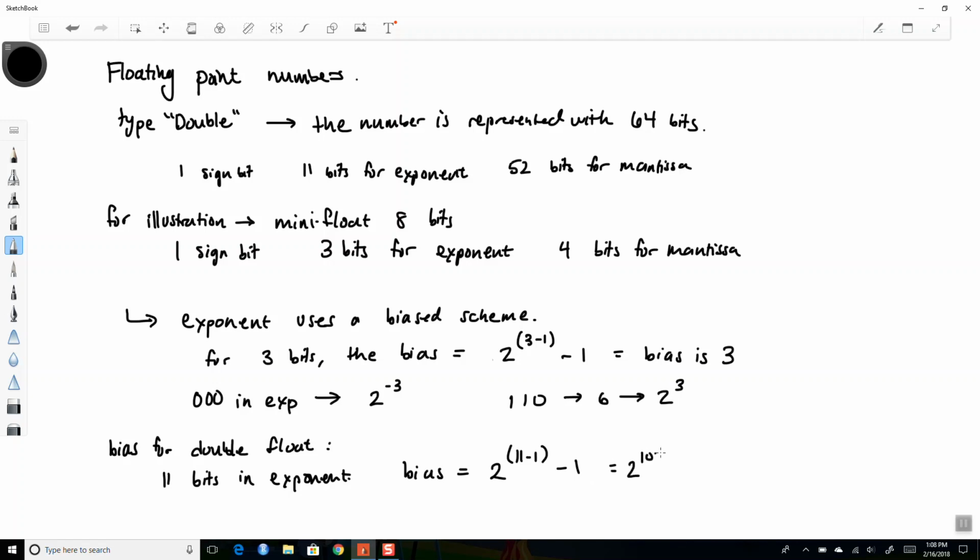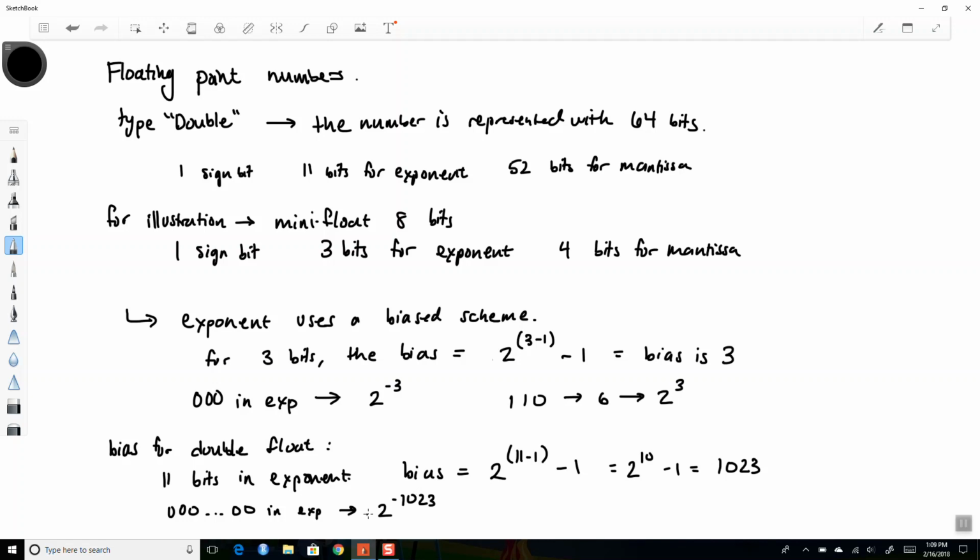So 2 to the 10 is 1024, minus 1. So we have 1023. This is our bias. So if you have 11 zeros in the exponent, this would correspond to 2 to the negative 1023. Okay.